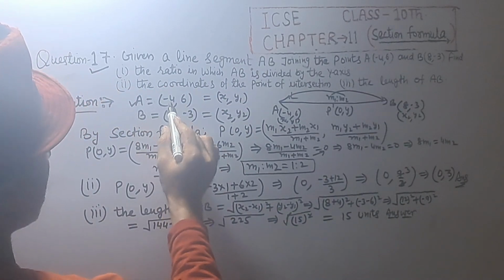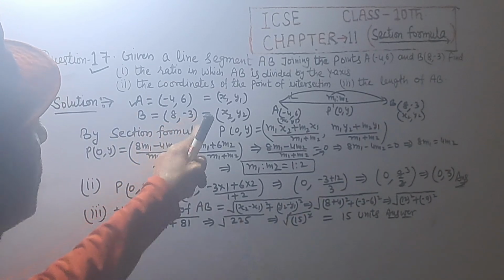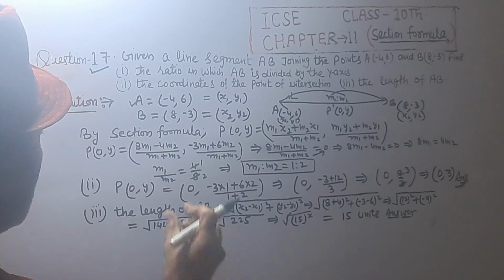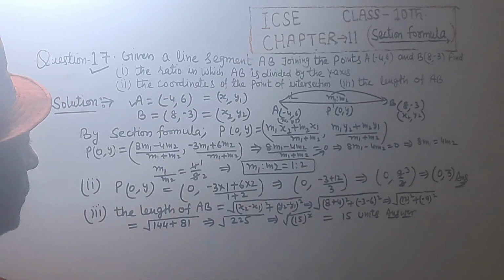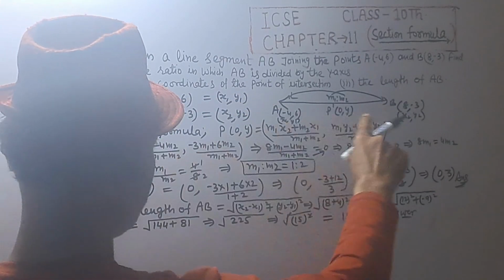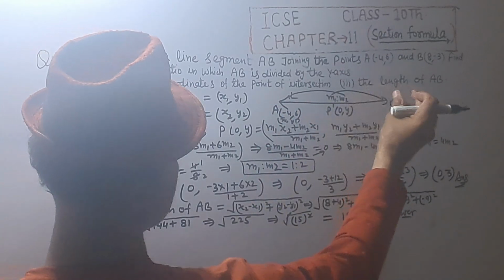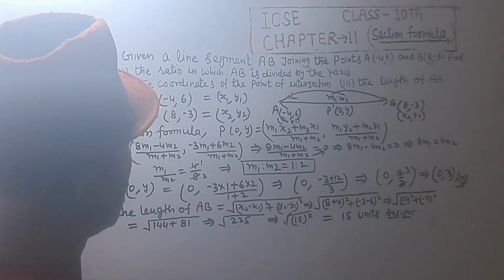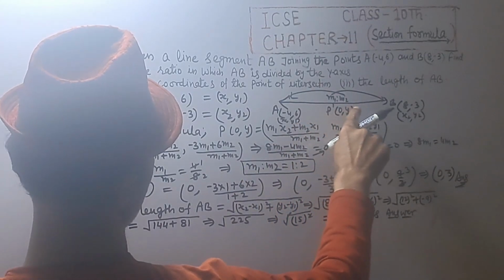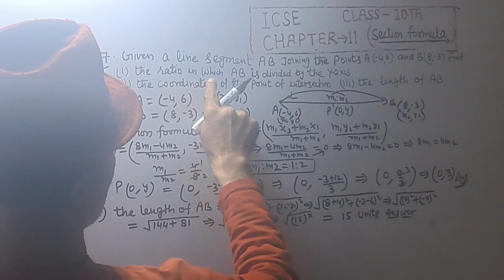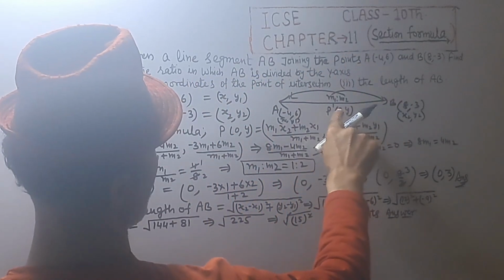Given point A is equal to (-4, 6) and B is equal to (8, -3), that is x1, y1 and x2, y2. We draw a line AB, and point A is (-4, 6), point B is (8, -3), and point P is (0, y), the ratio in which AB is divided by the y-axis.